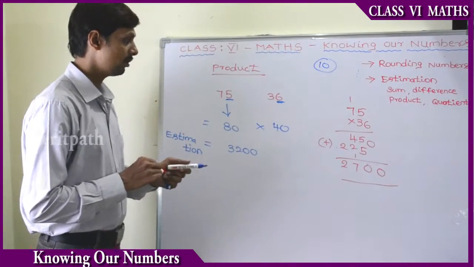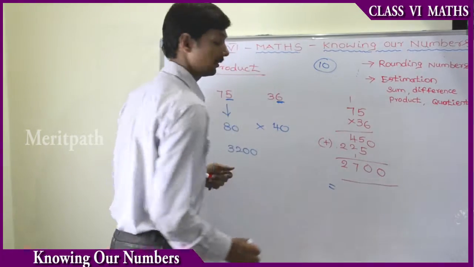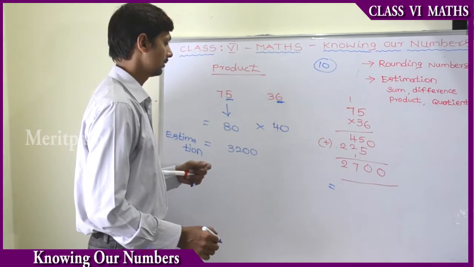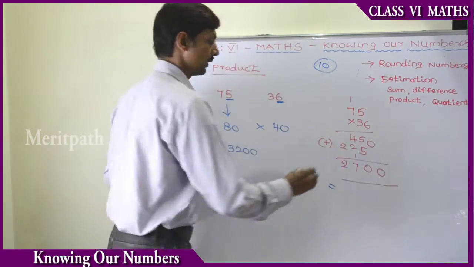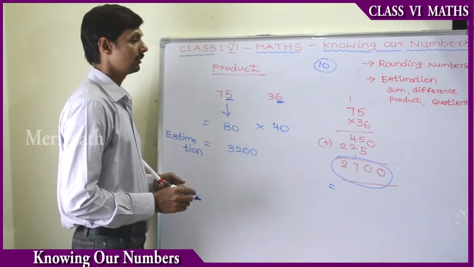When we round this 2700 to the tens, we'll find the estimation.